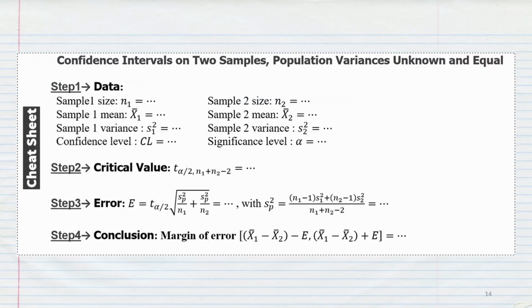Here is a cheat sheet to find the confidence interval on two samples, population variances being unknown and equal. Step 1, get the data from the problem statement. Step 2, find the critical value. Step 3, calculate the error. And step 4, draw a conclusion about the margin of error.